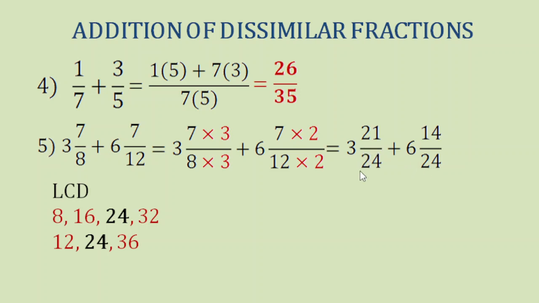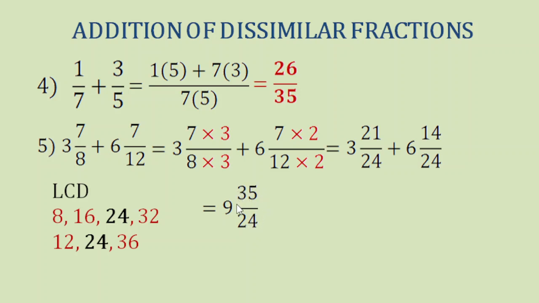Now we have the common denominator 24. We can now add the whole number parts 3 and 6, so that's 9, and the common denominator is 24, and perform the operation on the numerator, 21 plus 14, that's 35. Now again, we can see that on our fraction part, the numerator is greater than the denominator.